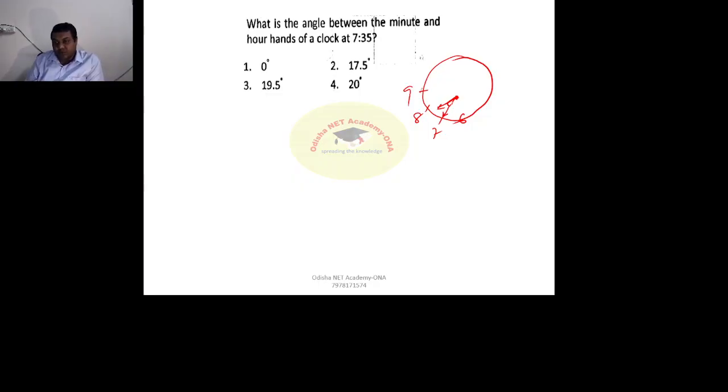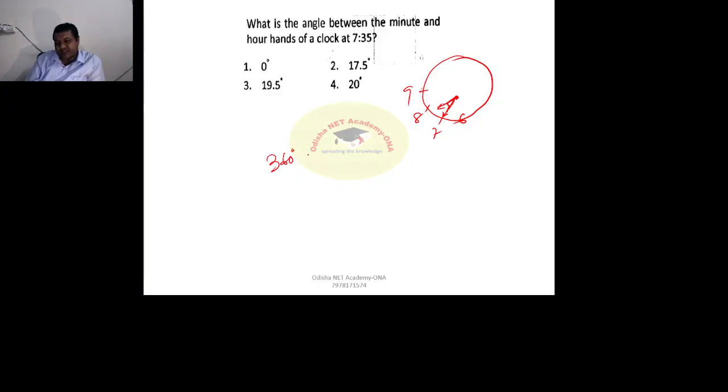So which moves actually? The hour hand moves from 7 to this much. That creates the angle. The hour hand moves from this position to this position to create the angle. When the hand moves throughout the circle, it is 360 degree.